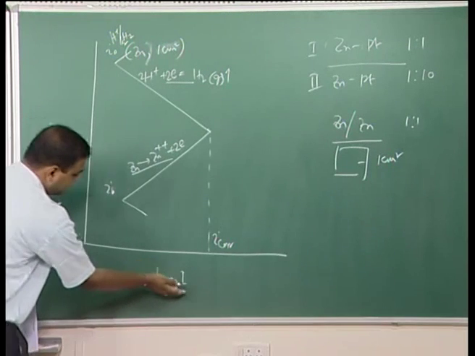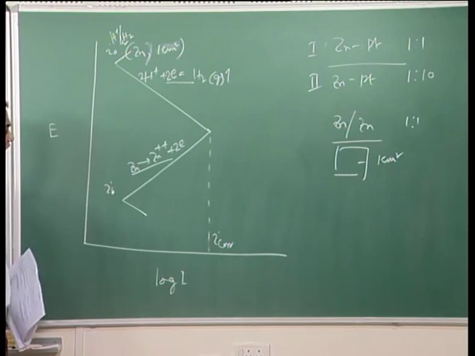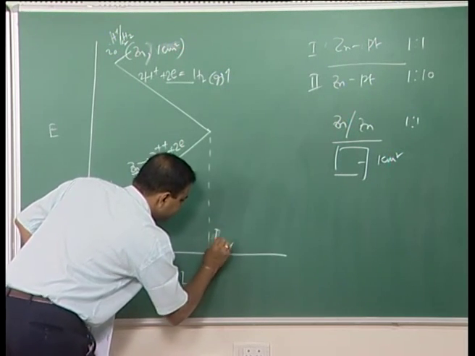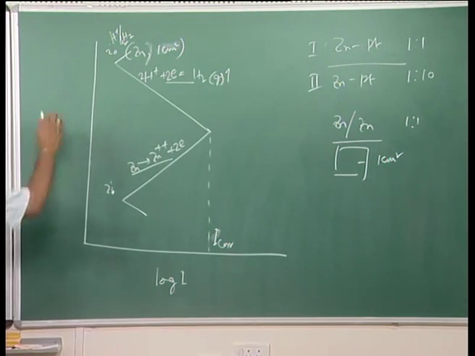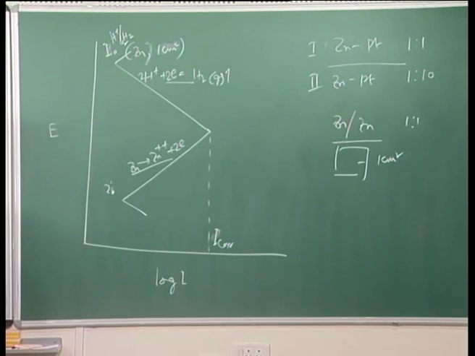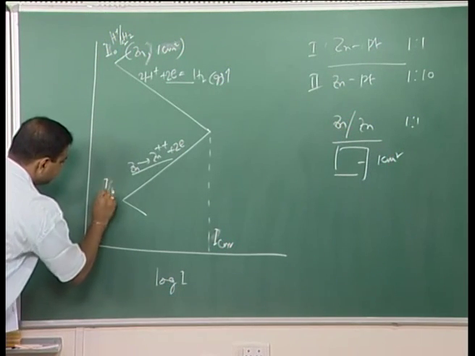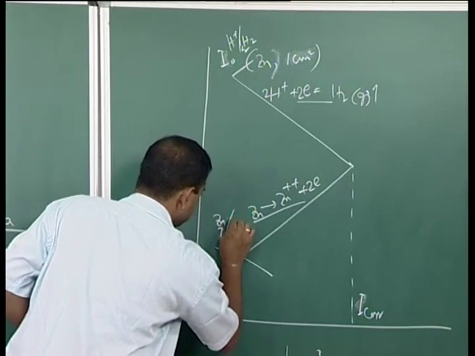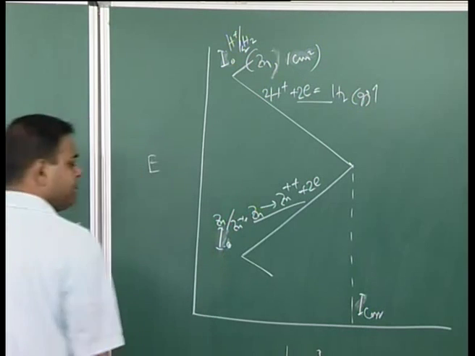Since I have taken log I, capital I, I can also take it as capital I cor. Instead of I0, I can mention it as capital I0 zinc, which is zinc plus plus.